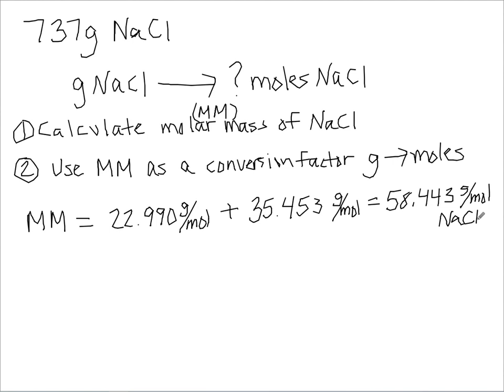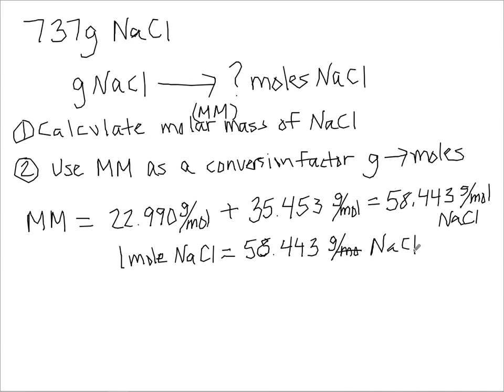Now, we can write out an equality. 1 mole of NaCl is equal to 58.443 grams of NaCl. You don't have to write the per mole.